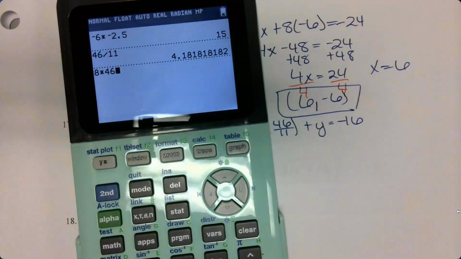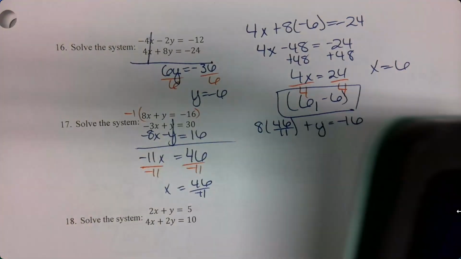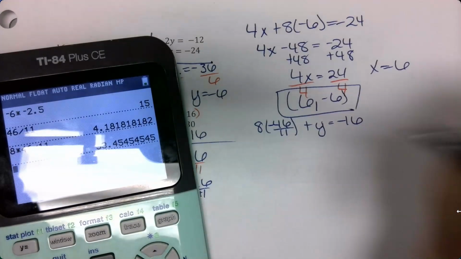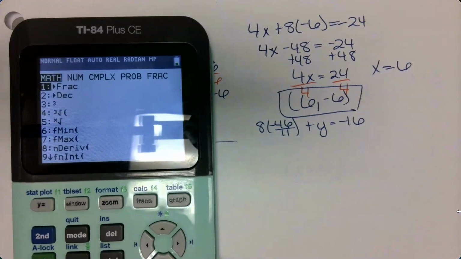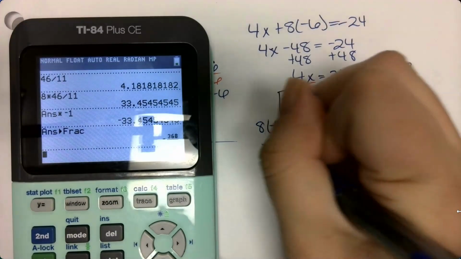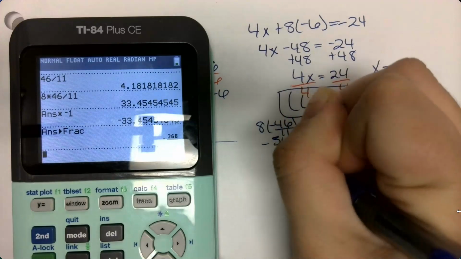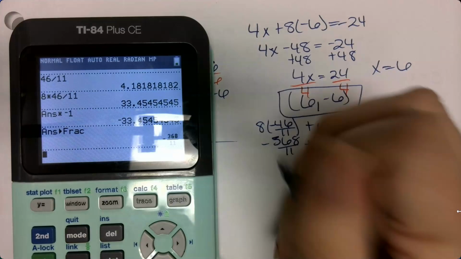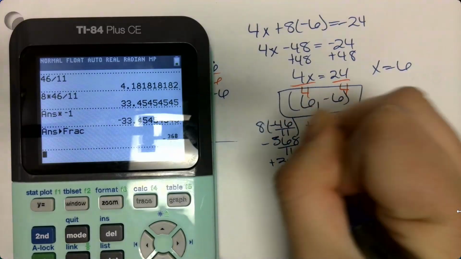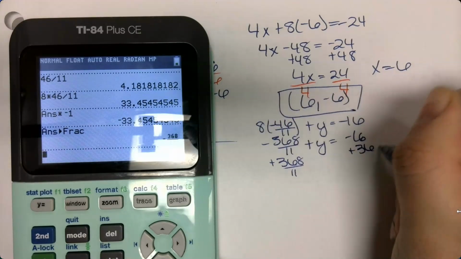8 times 46 divided by 11 is it negative? It's negative 46 over 11. So I'm going to turn this back into a fraction. Negative 368 over 11 plus y equals negative 16. Then I want to add the 368 over 11 to both sides. I always do opposite my sign.